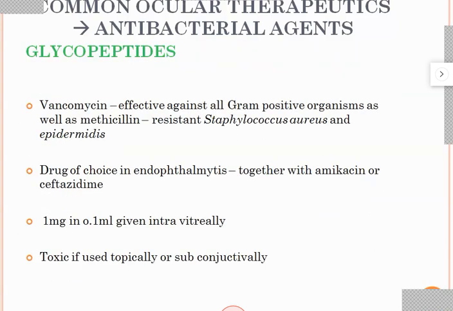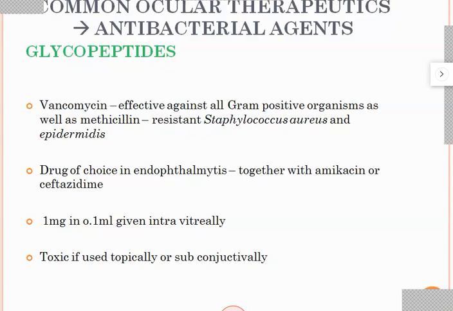Then the glycopeptides. These are vancomycin. This is effective against all gram-positive organisms and resistant Staphylococcus aureus and epidermidis. Drug of choice in endophthalmitis. It is used in endophthalmitis along with amikacin or ceftazidime. 1 milligram in 0.1 ml intravitreally.